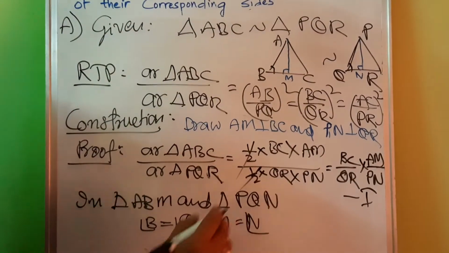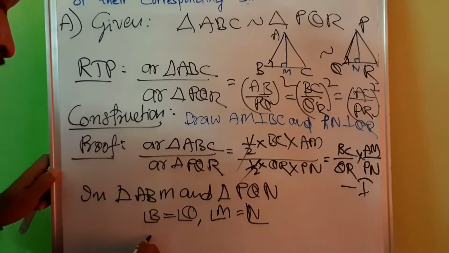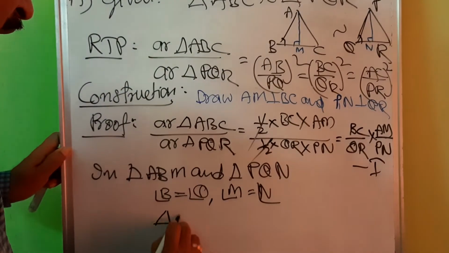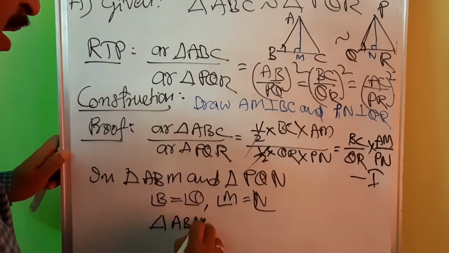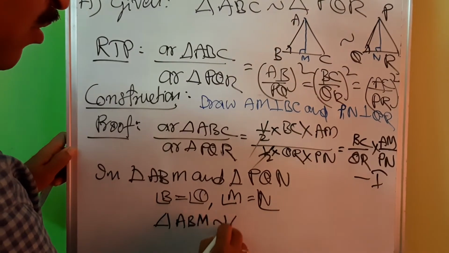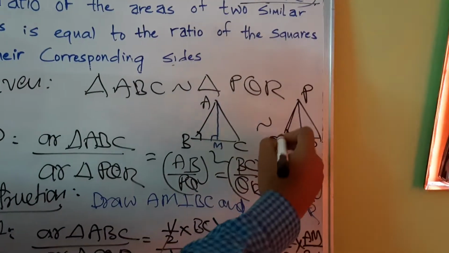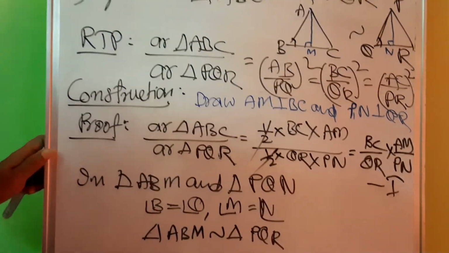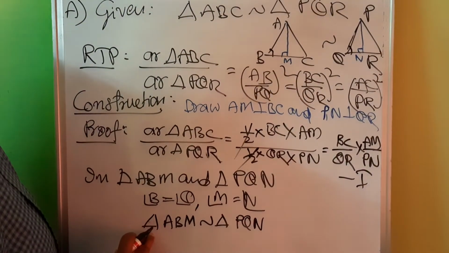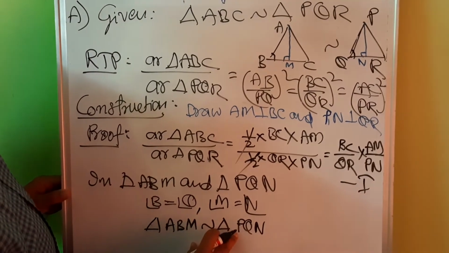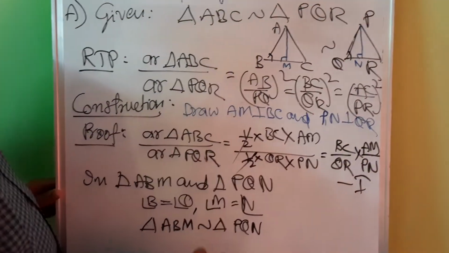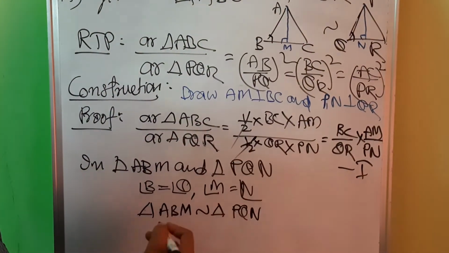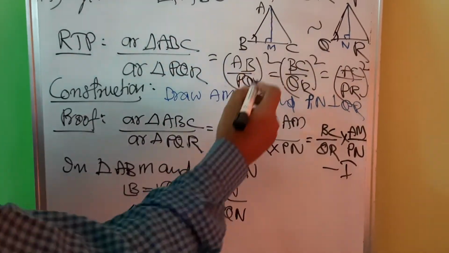From this and this, triangle ABM is similar to triangle PQN. So what are the corresponding sides in these two similar triangles?